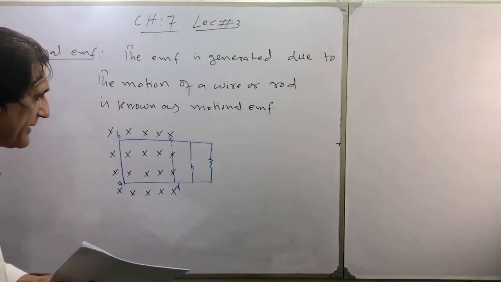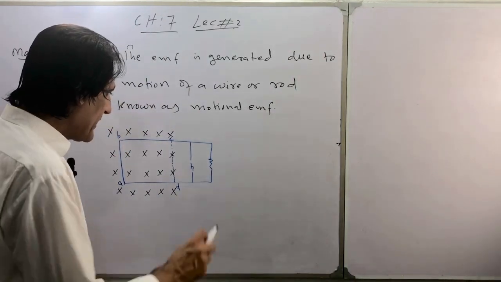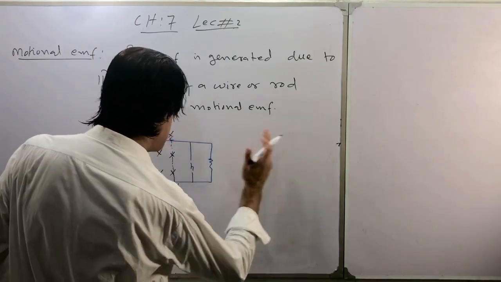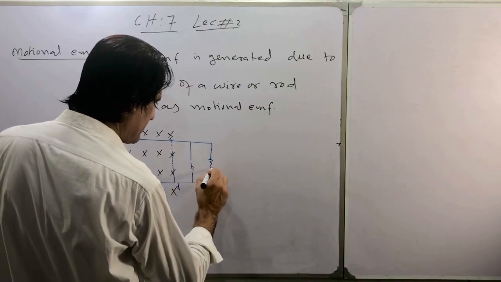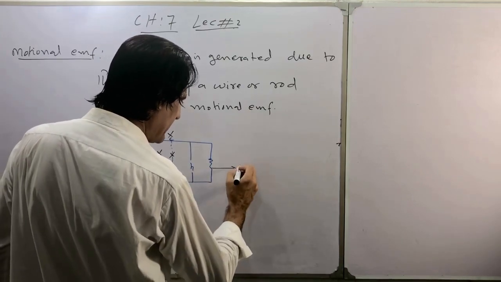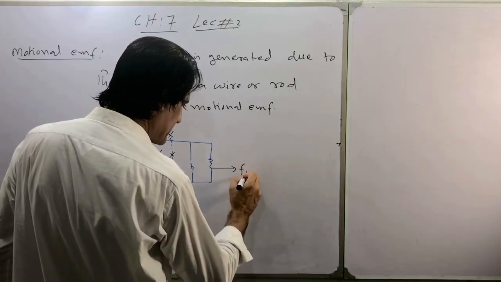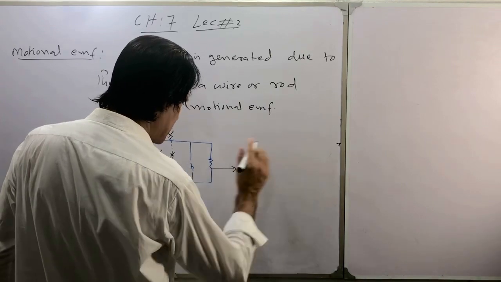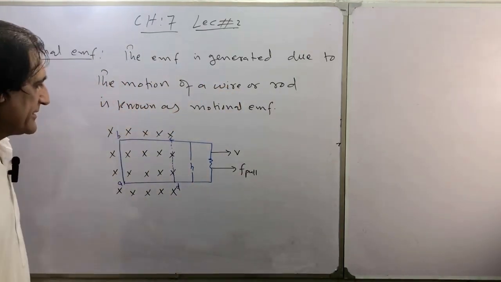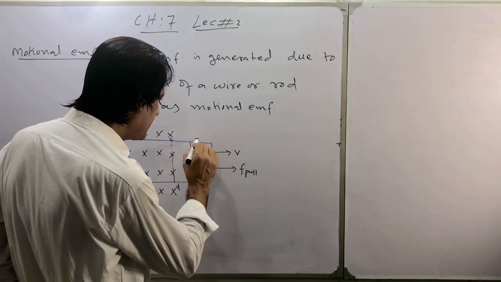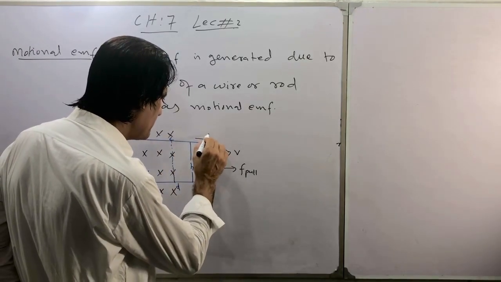Now, if someone pulls this wire in this direction, with some force and some velocity v, then a current is generated in this loop.